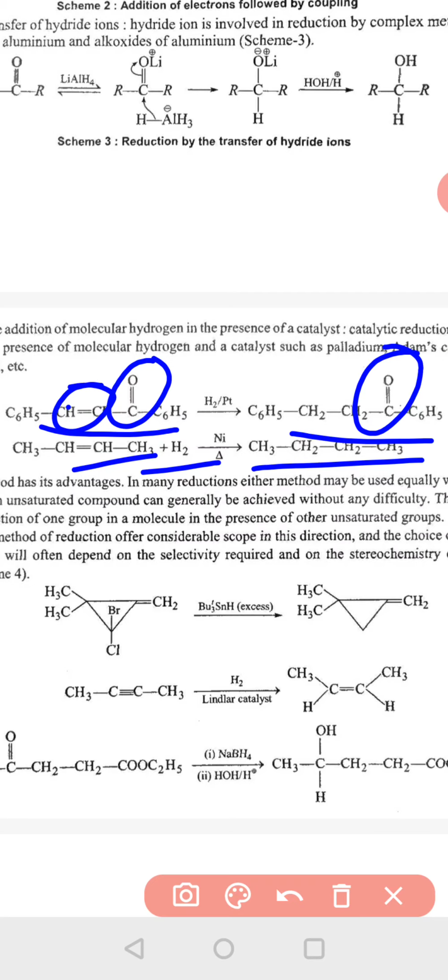Our aim is to selectively reduce one group in a molecule which has more than one unsaturated site. Both catalytic and chemical methods of reduction offer considerable scope in this direction and we choose the method keeping in mind the stereochemistry of the desired product.